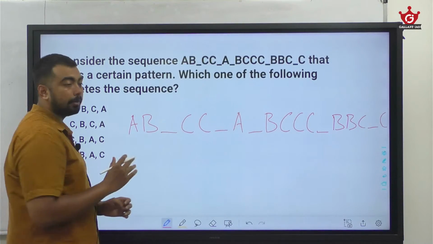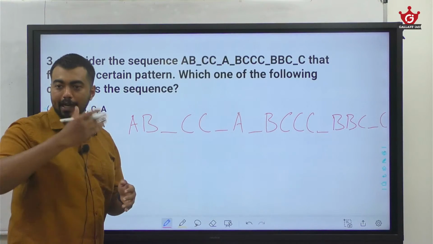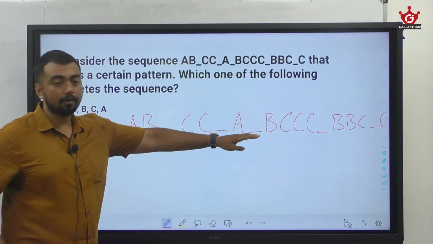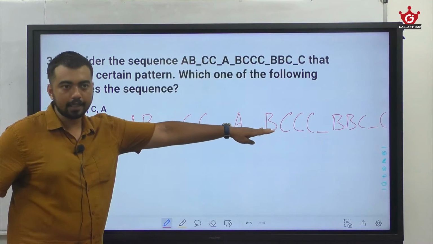But the important thing is that you need to find that division where you can see the repeating pattern in this series.